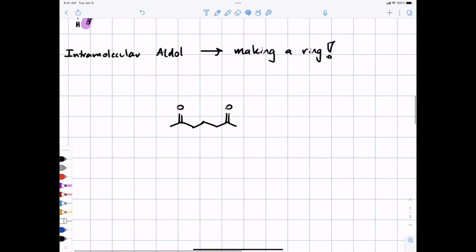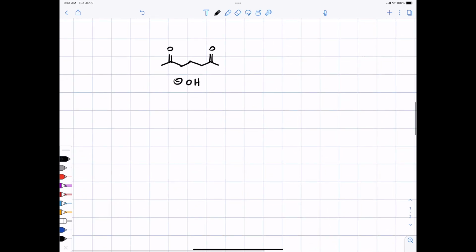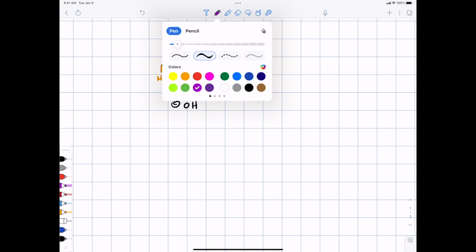So let's draw the two enolates we could potentially form if we reacted this OH group and removed one of the protons. You've got basically two different kinds of alpha protons, right? You've got this less substituted one and this more substituted one.